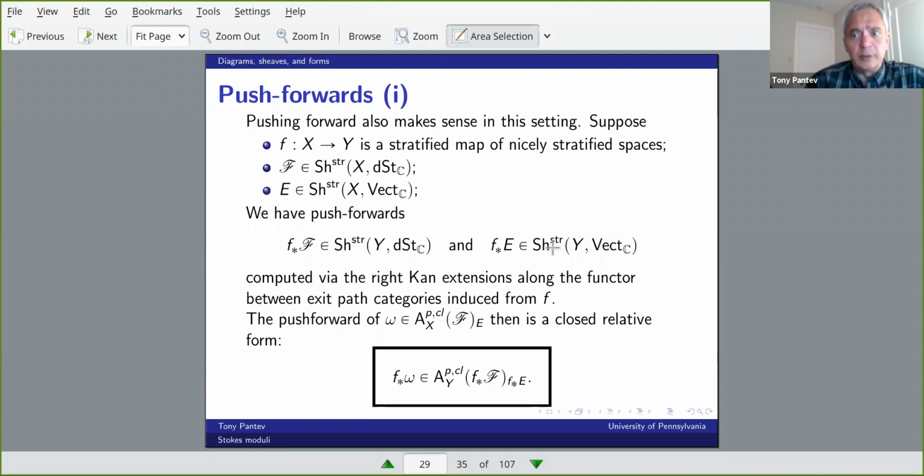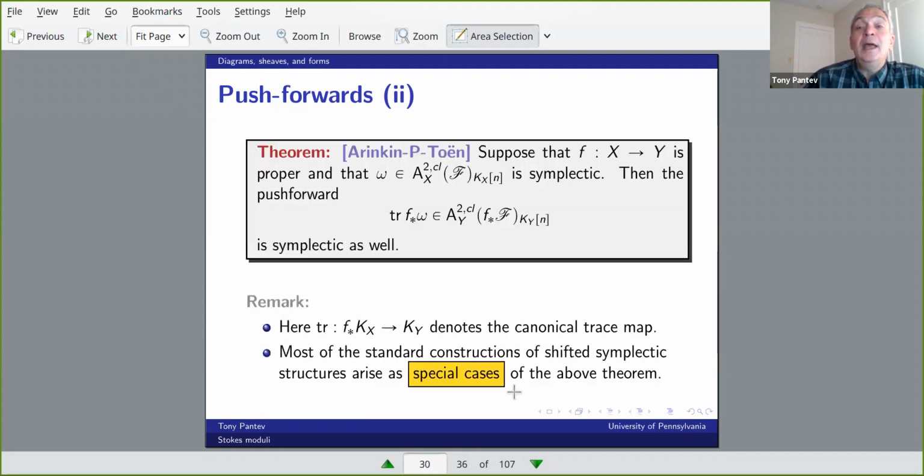So it's all computable. Then you can push forward a relative form, and it gives you a form on the push forward sheaf of stacks with coefficients in the push forward complex. And if the coefficient complex happens to be the dualizing complex on the source, then you get something in the push forward of the dualizing complex, and then you have a trace map to the dualizing complex of the target.